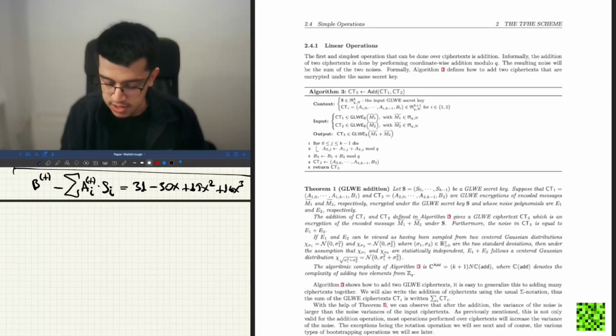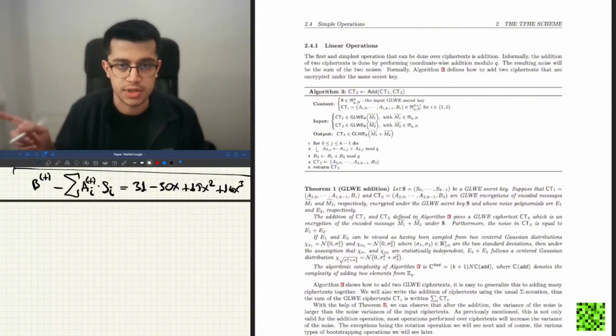And then we're going to divide it by the scaling factor and then round it, right?